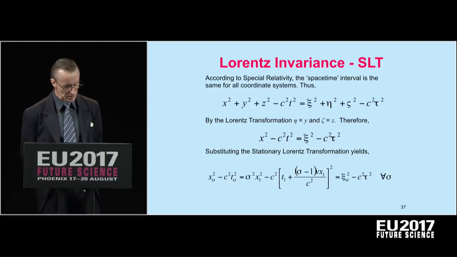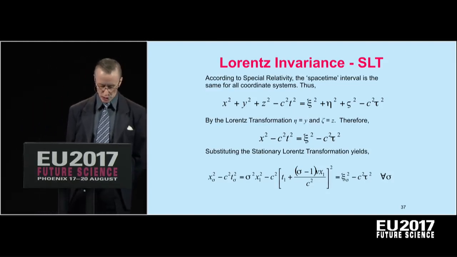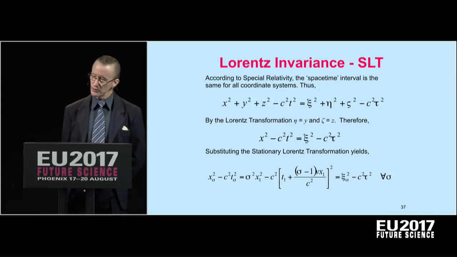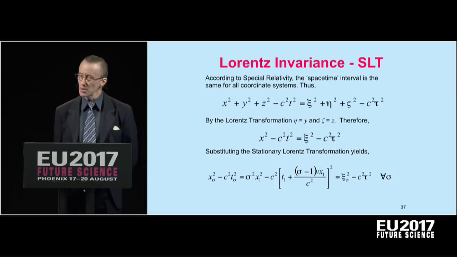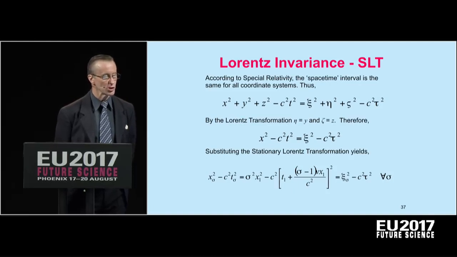And this is called Lorentz invariance. So they require this top equation. So when you change from the x, y, z, and t to the Greek ones for the moving system, you get the same equation. Well, we remember that that's always naught. Cosmologists think that that's not always naught.